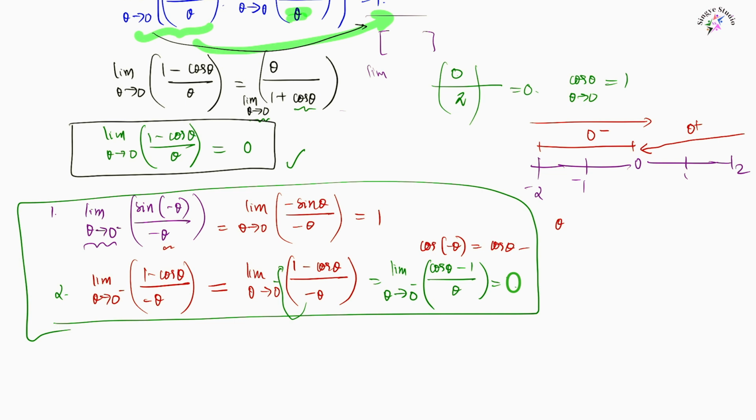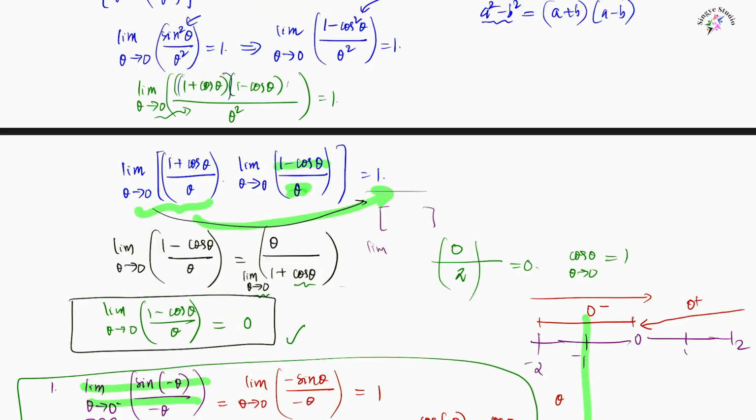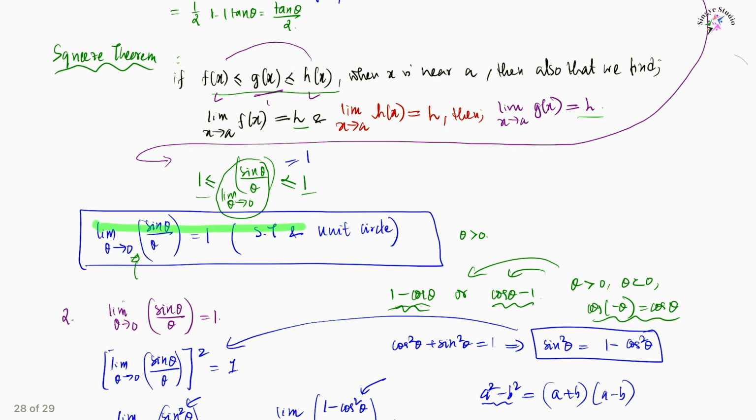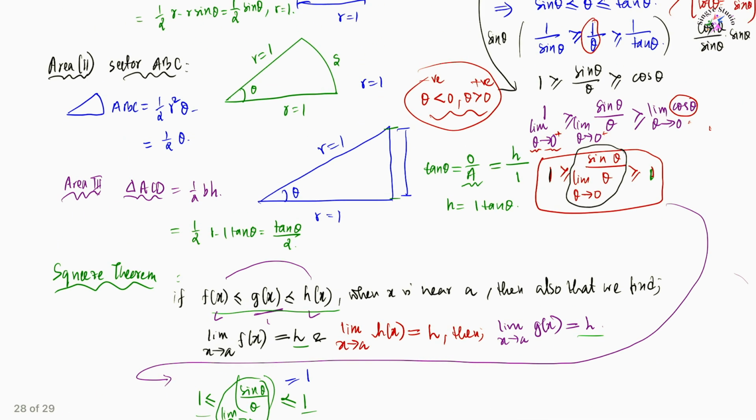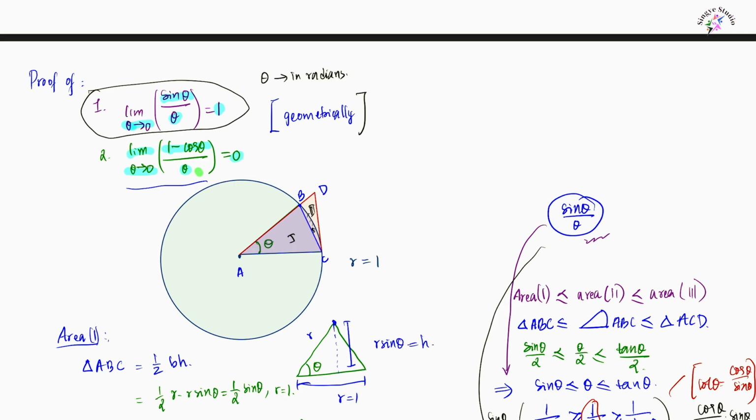So now we have all the expressions for these limits, and they will be very useful in later videos when I derive the differentiation of the trig functions. Lastly, we can say that it is approaching plus or minus, right? But here it is plus, and this will be equal to (cosine theta minus 1) upon theta as theta approaches from the minus 0 side.